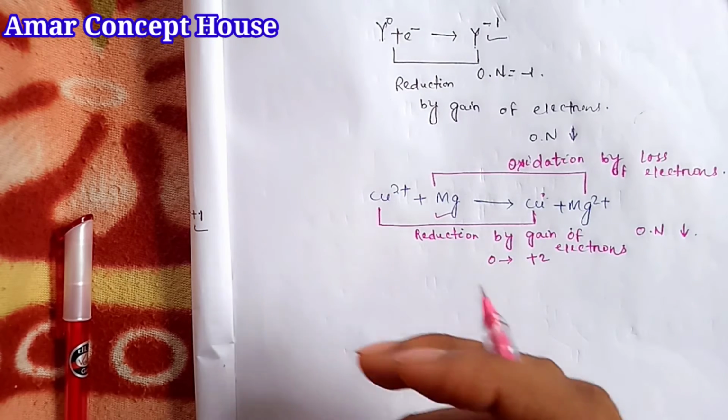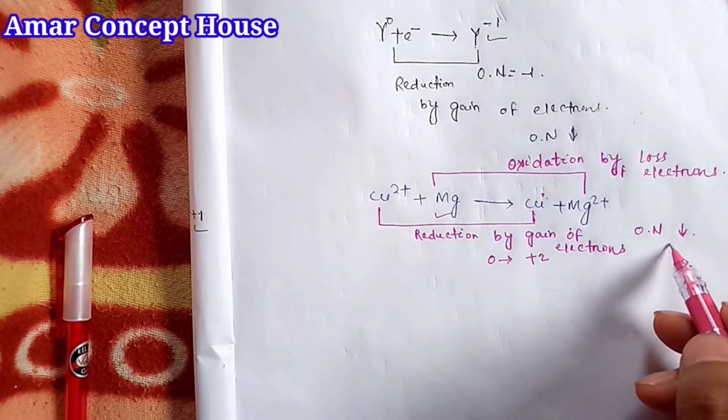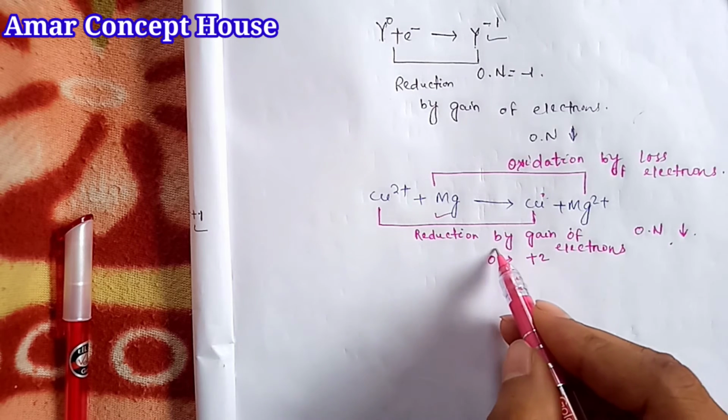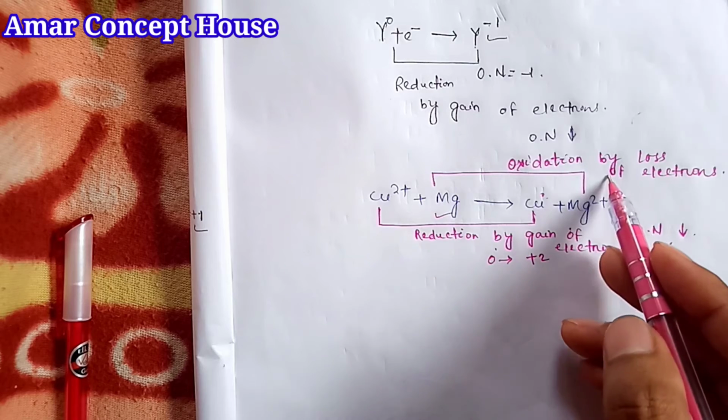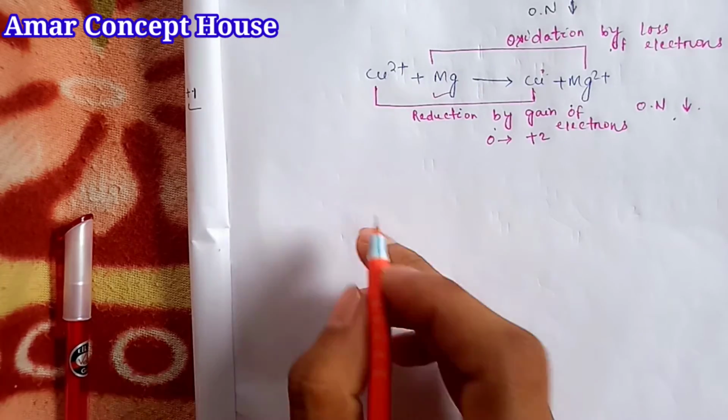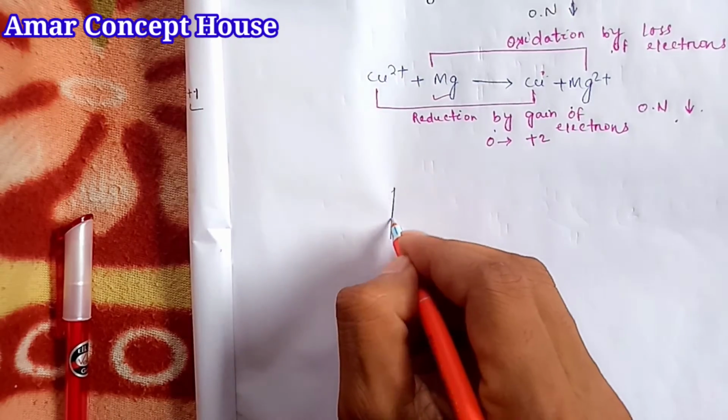So don't confuse. Whose oxidation number is decreasing, that is reduction, and whose oxidation number is increasing, that is oxidation. Clear? So draw a simple table here.